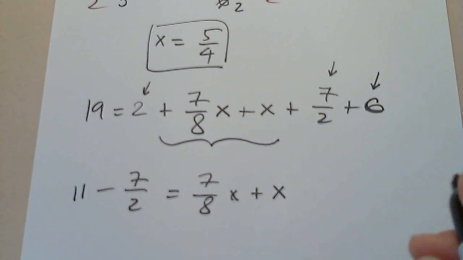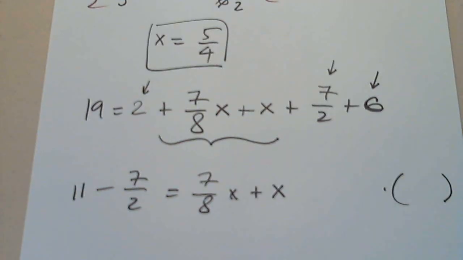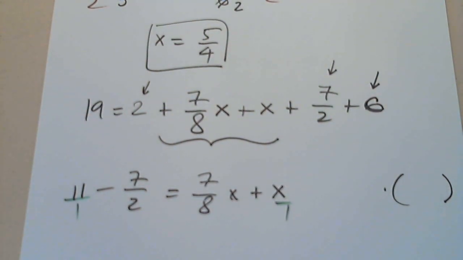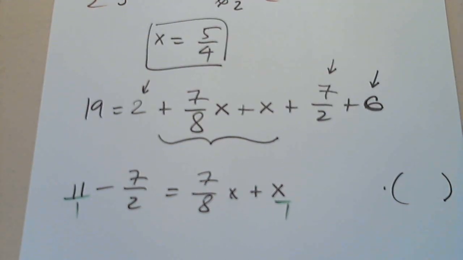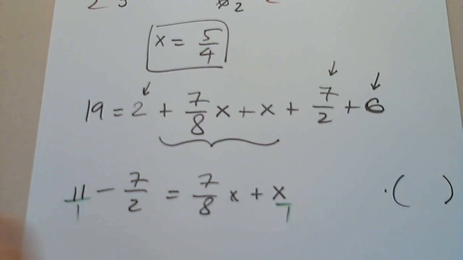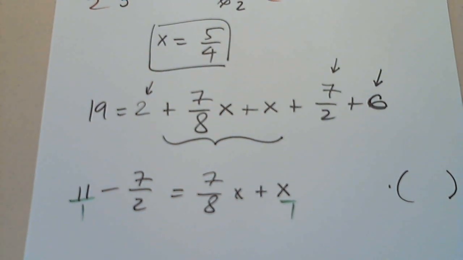Now it's okay to multiply both sides by the least common denominator to clear all fractions at once. I see 4 fractions, and you can say not really. This is over 1, this is over 1. So I see 4 fractions, and the least common denominator is 1, 2, 8, and 1. 8.